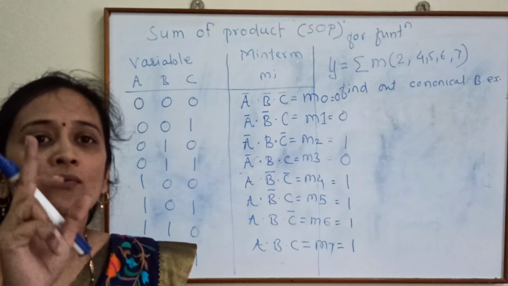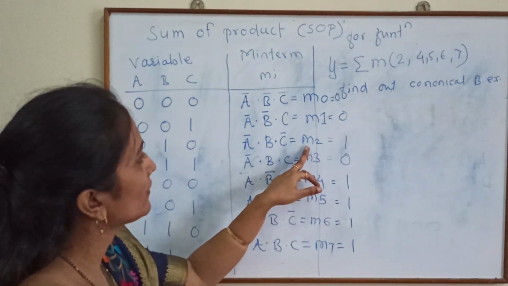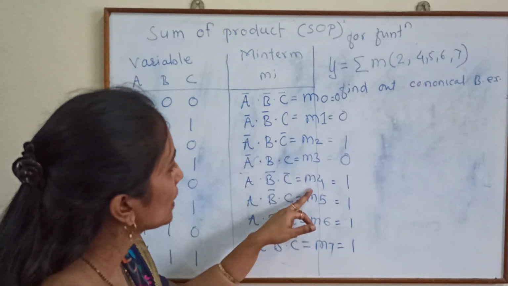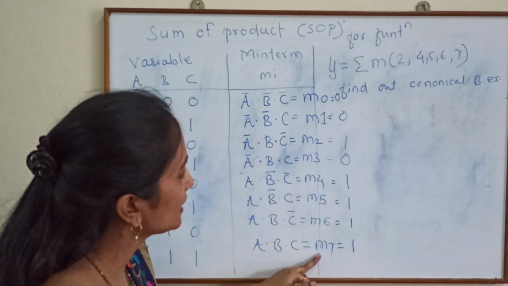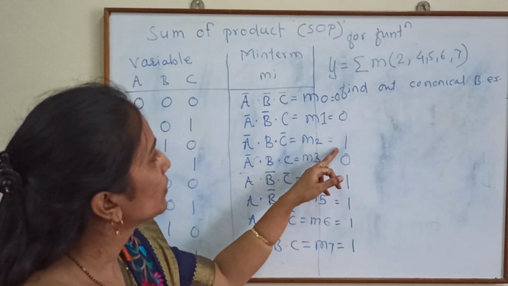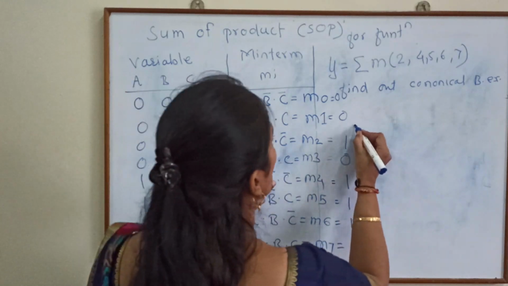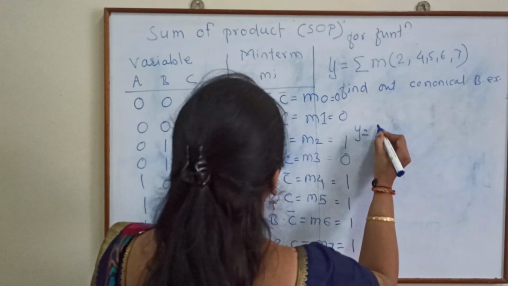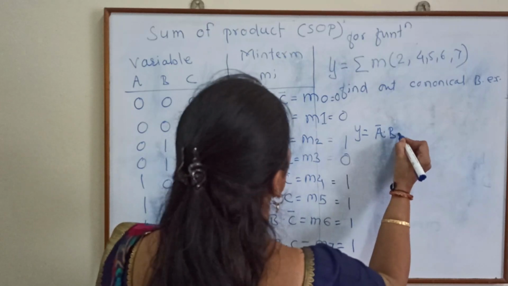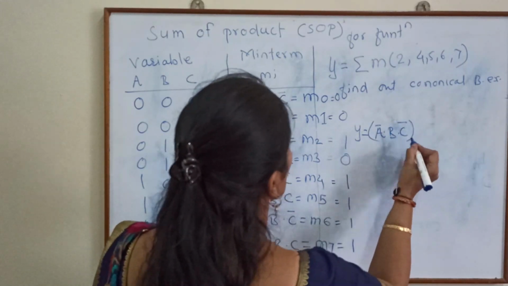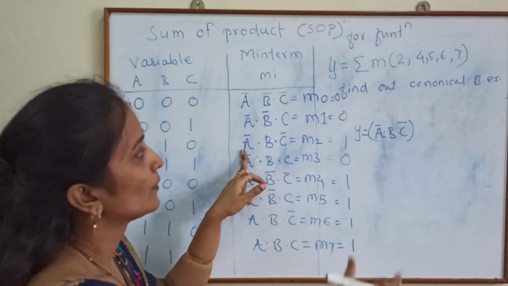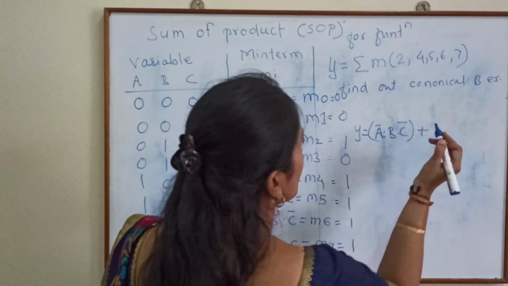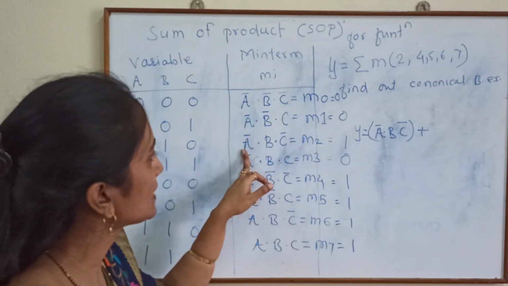Now, out of these output values, we have to take only the min terms that have value 1. Which terms have value 1? M2, M4, M5, M6, M7. Therefore, here we will write y is equal to A bar into B into C bar. This is the first product. We are taking sum of product, therefore sum.